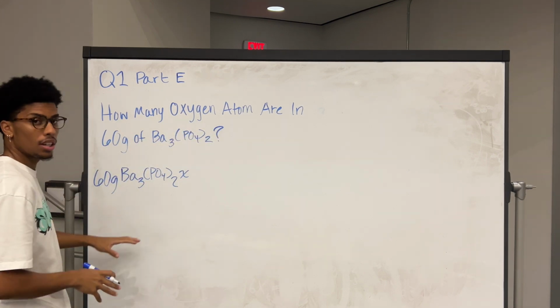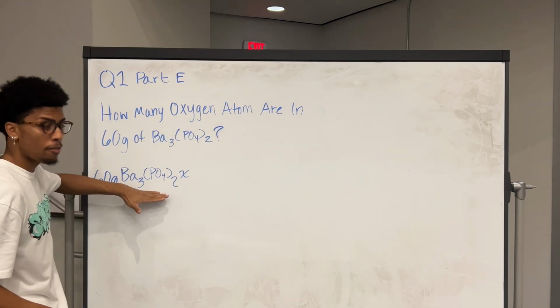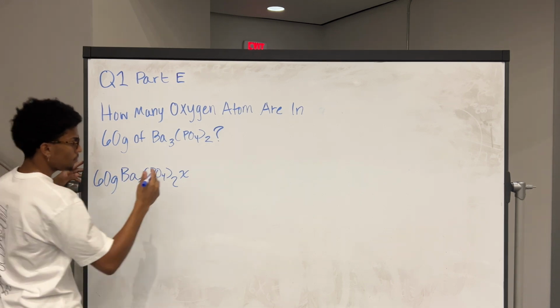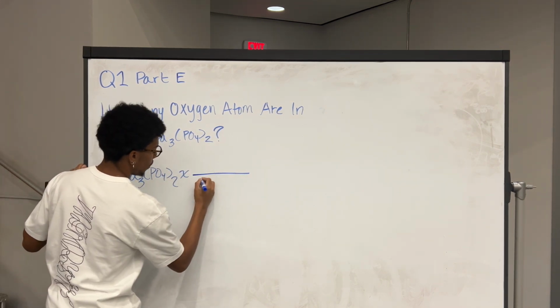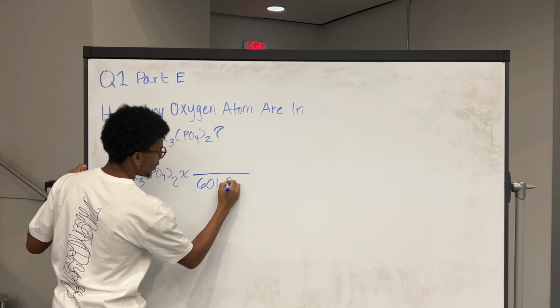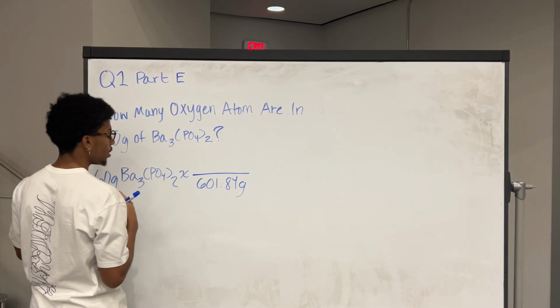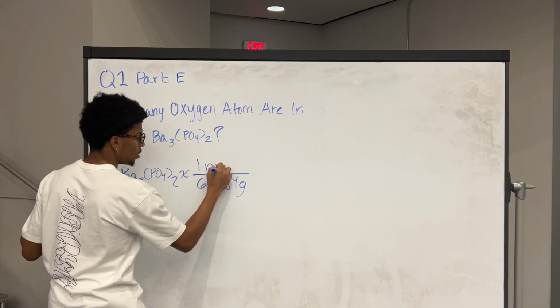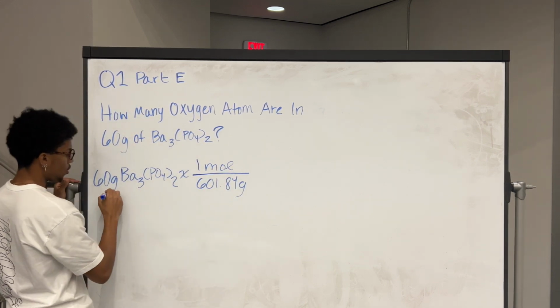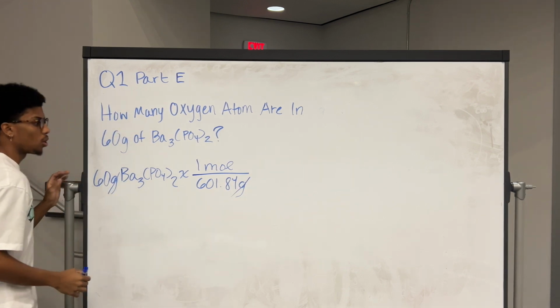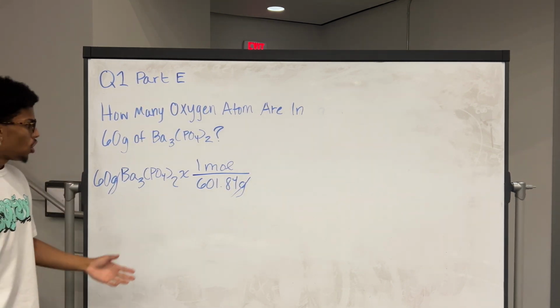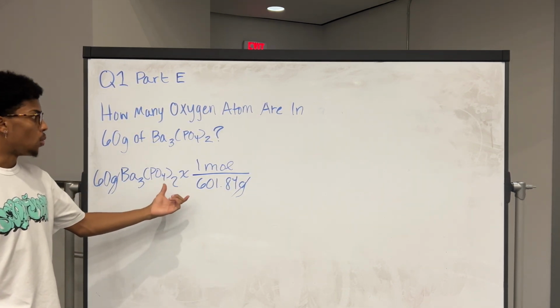You're going to use the molar mass of barium phosphate. We already found that, but on the exam, you're going to have to find that for yourself, and we know how to do that. You can reference question number 1 over 1 mole. That cancels out grams, so we don't have to worry about mass anymore. We're in moles, so this is going to give us an answer in moles.